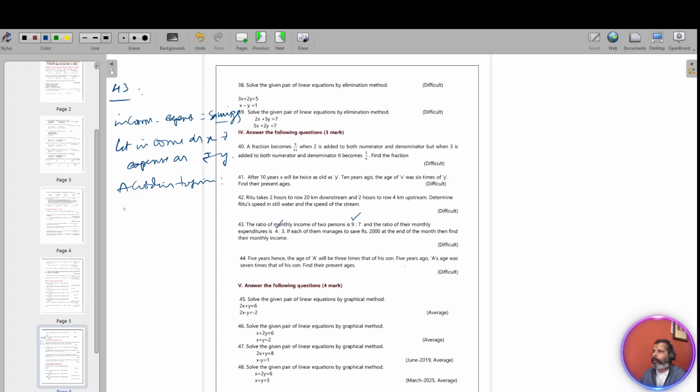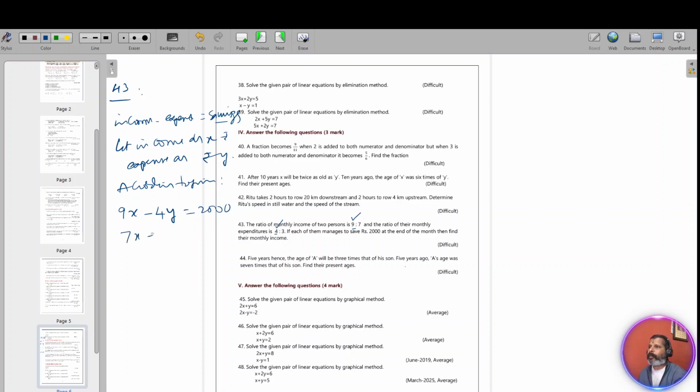Therefore, according to the given, income minus expense, sorry, 9x and 4y, right? First person's income is 9 times x and the expense is 4 times y. The savings part is 2000 rupees for both.